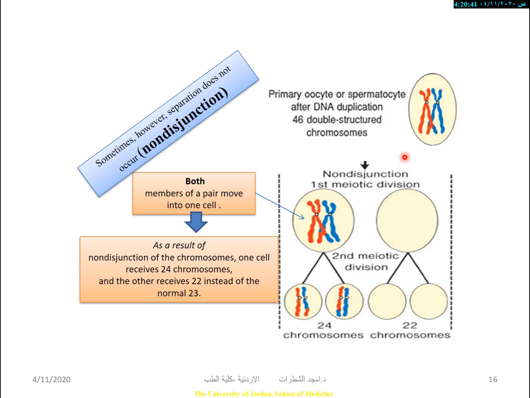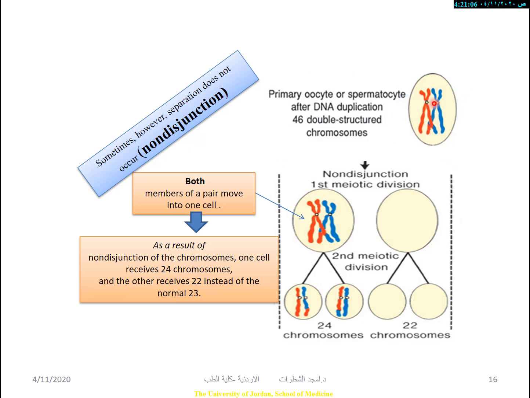Both members of a pair move into one cell. So instead of one going to one cell, the homologous chromosome takes its homologous partner with it. Let me just remind you, this is an example of non-human cells.